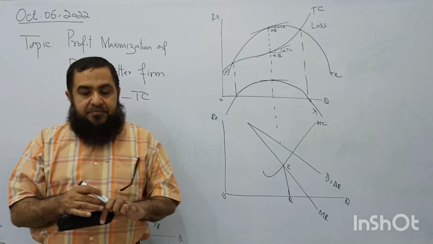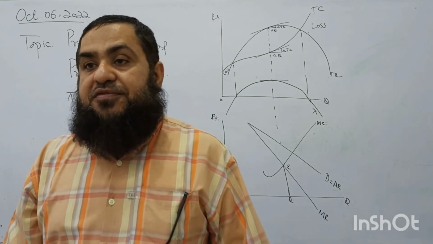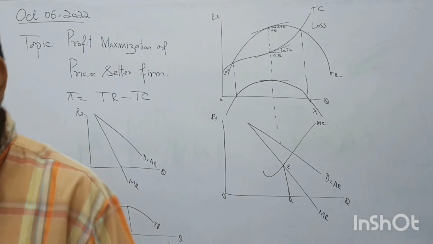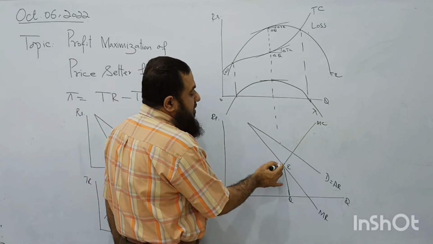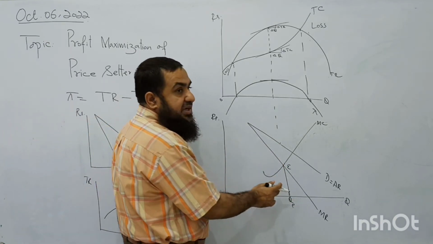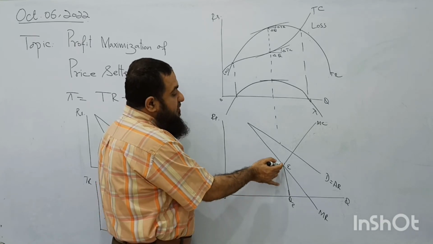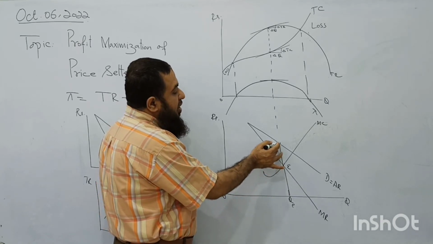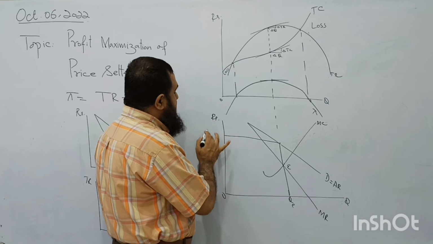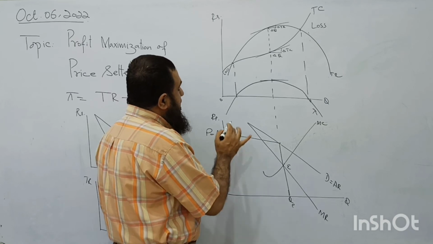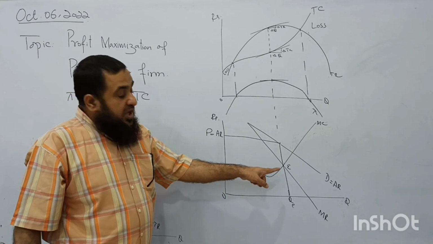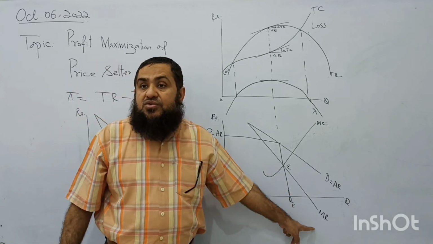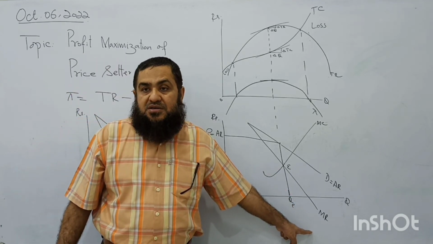So a firm which is a price setter, where will it set the price? The question is, please wait until now. Now here the firm has decided the level of output. Now it will go above along the demand curve. Draw a line from here, keep it in mind, marginal revenue is not the market demand.